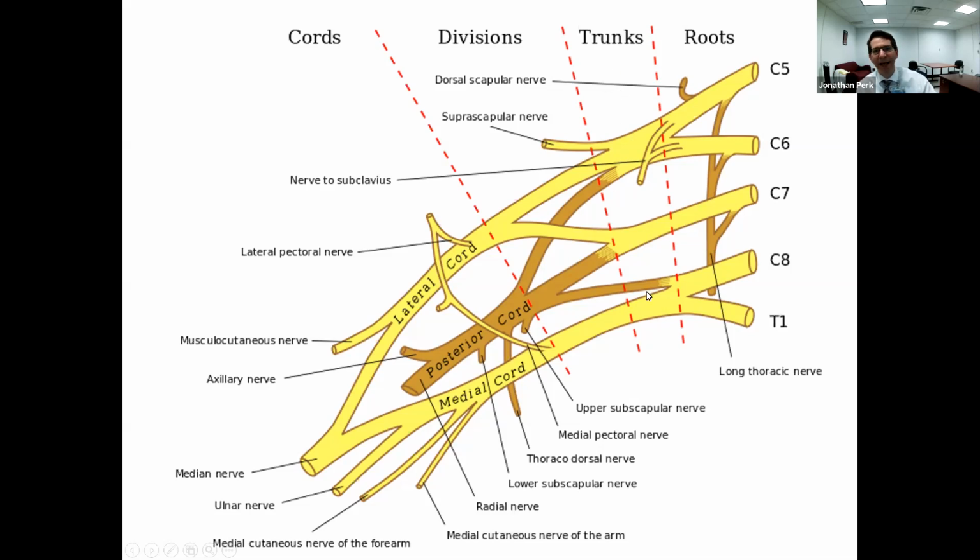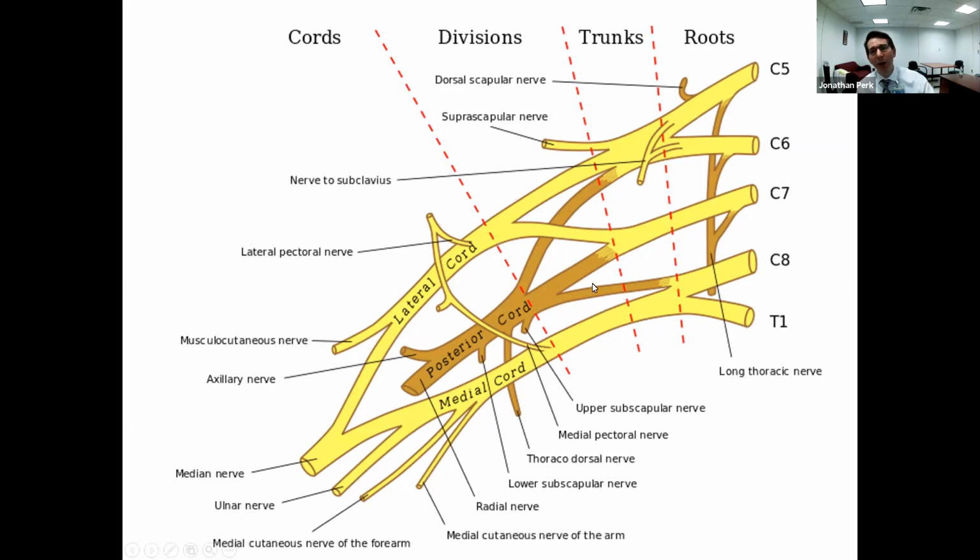The next thing that happens is each trunk divides. We have divisions: the cold, divisions. Each trunk divides into anterior and posterior divisions, okay? So the upper trunk divides into an anterior and posterior, the middle trunk divides into anterior and posterior, and the lower divides as well into anterior and posterior.